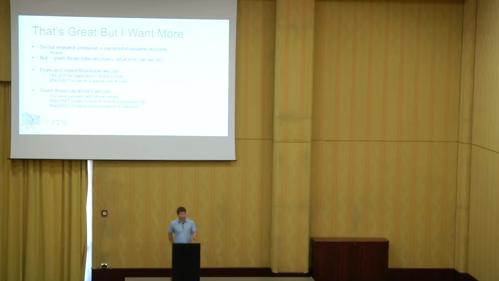What we also found, and we'll talk about this less today, is that even if we only have dynamic results, but we've built this data structure, we can map things back to entry point lines of code. So when we have source code and a dynamic test run with something like ZAP, we can say, okay, I've got this reflected cross-site scripting vulnerability for this URL. We can go to the source code in the developer's IDE and put a marker.